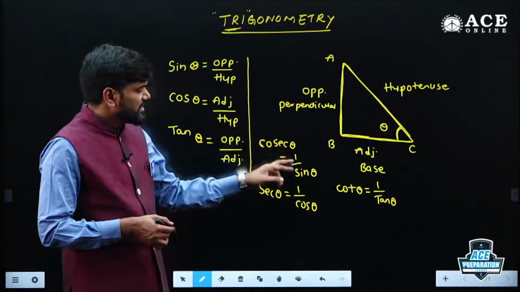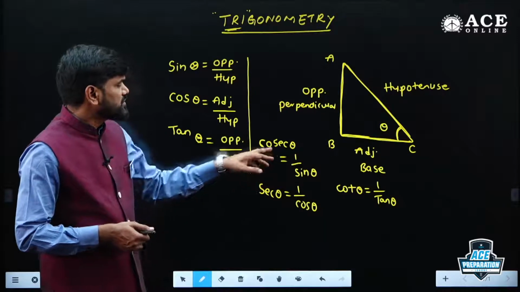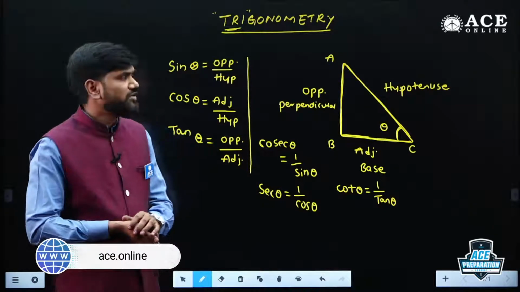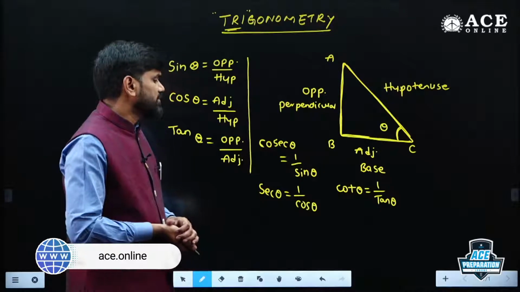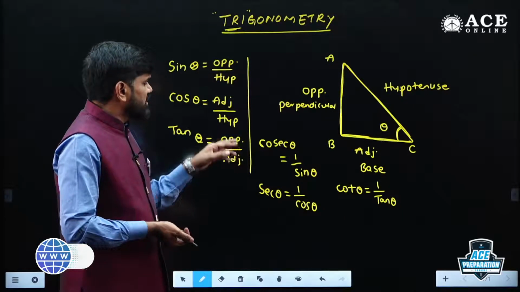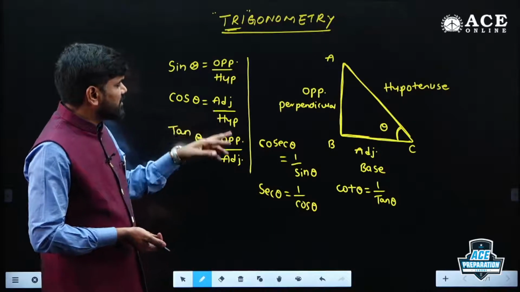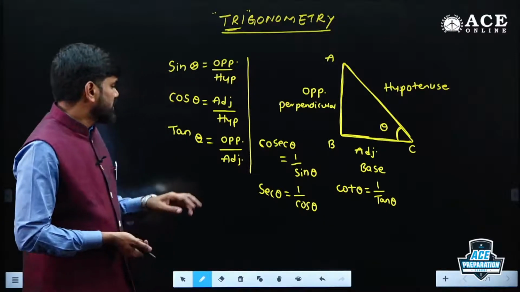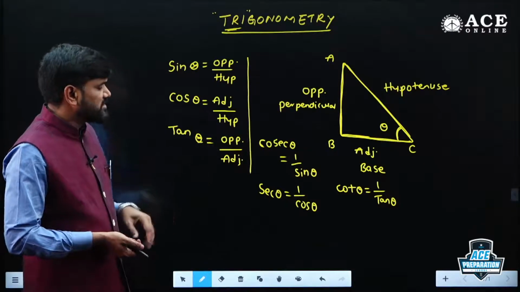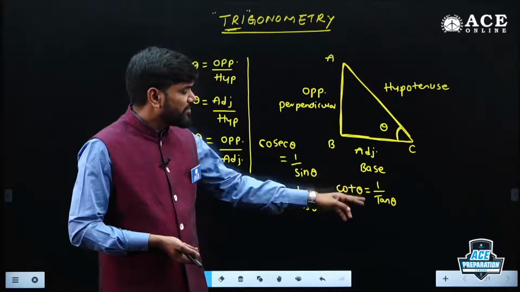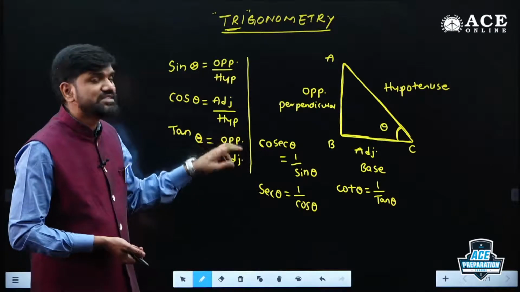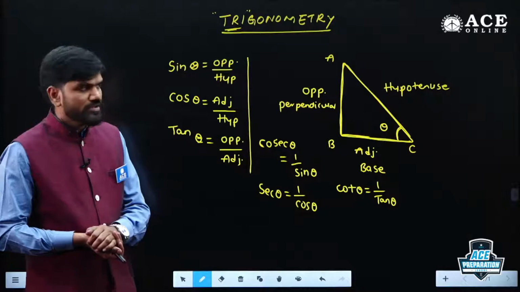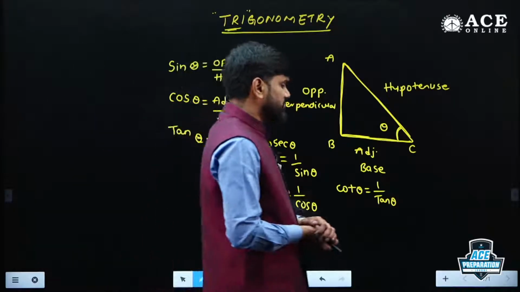It is just the inverse of sin theta. So cosecant theta is nothing but hypotenuse by opposite side. Similarly, secant theta is nothing but hypotenuse by adjacent side. Then tan theta is opposite by adjacent, whereas cot theta will be 1 by tan theta. That's why it will be adjacent side by opposite side.